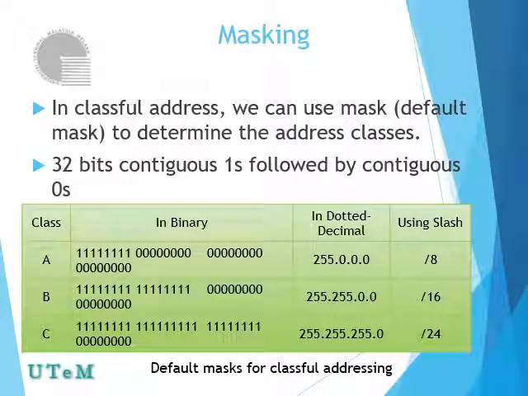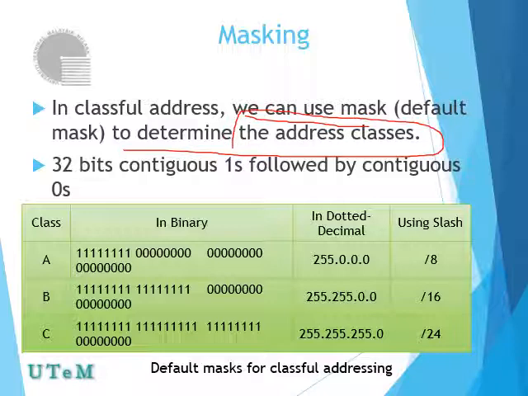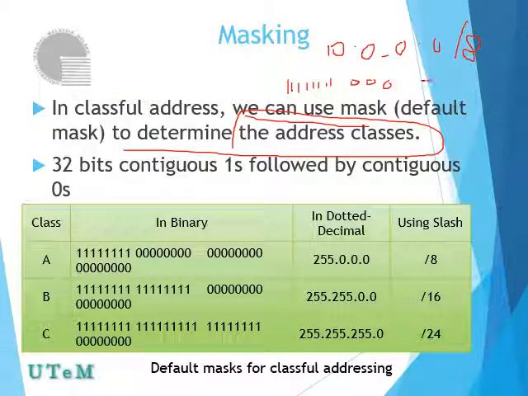Okay, masking. In classful addressing, we can use the default mask to determine the class of the address as well. So let's say you are given 10.0.0.0/8. 8 means 8 ones, 1 1 1 1 1 1 1 1, and all zeros over here.